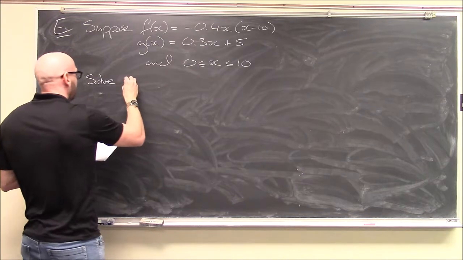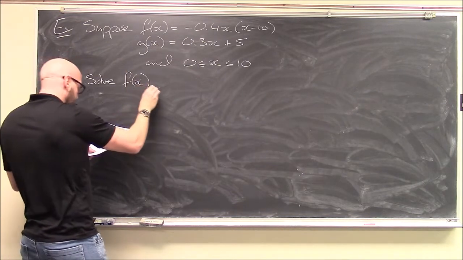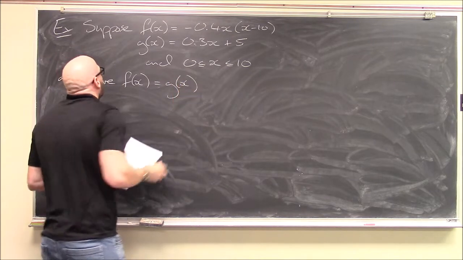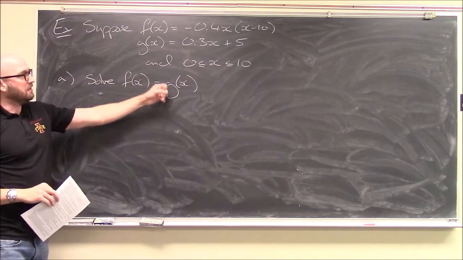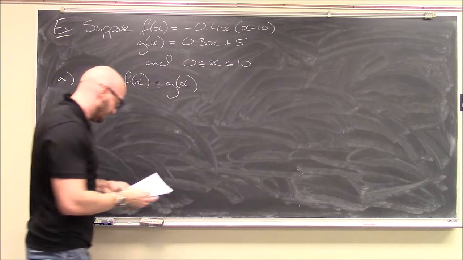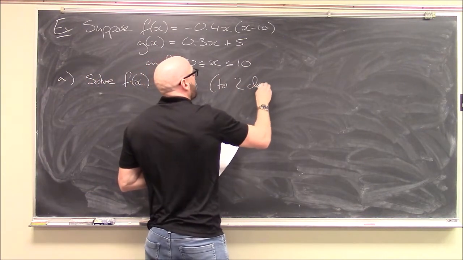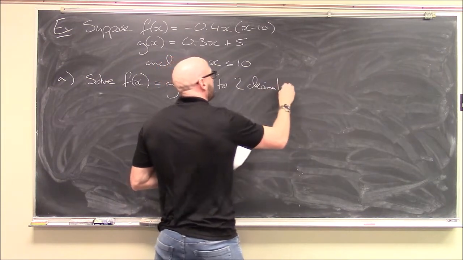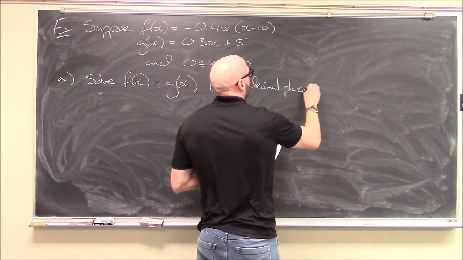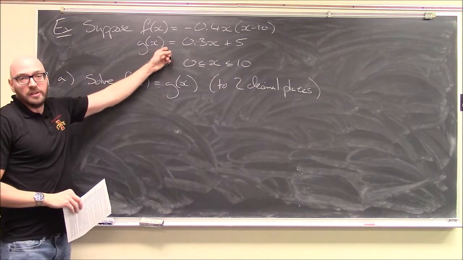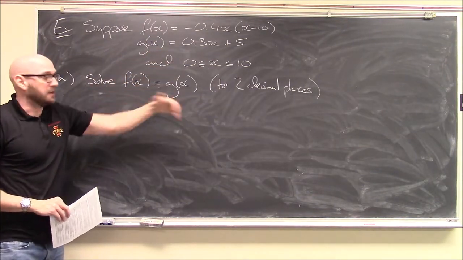I'm going to set this up a little bit out of order from the way you'll see it in the homework, but here's what I want to do. I want to solve f of x equals g of x. Ask when these two functions are equal to each other, and we'll do this to 2 decimal places. Because I want to plot the graphs of both of these things on the same coordinate axis.